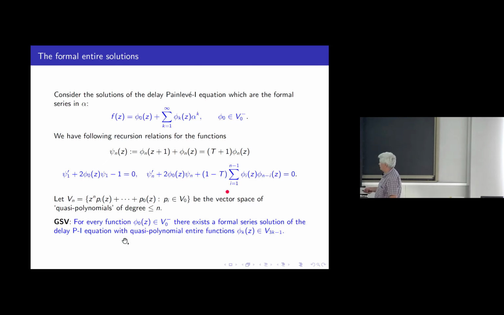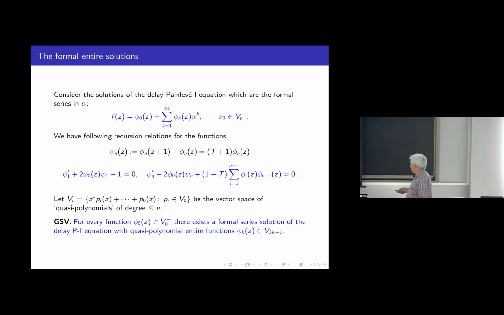Quasi-polynomial means that it's polynomial in Z with 2 pi periodic coefficients. So it's a kind of quasi-polynomial solution.